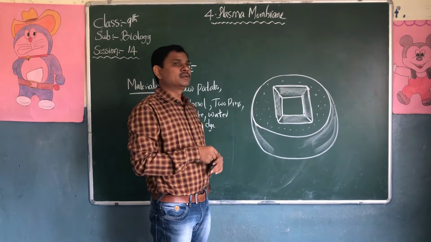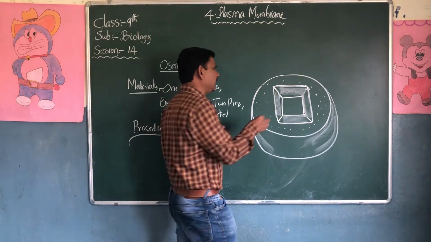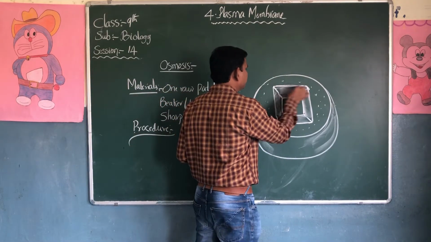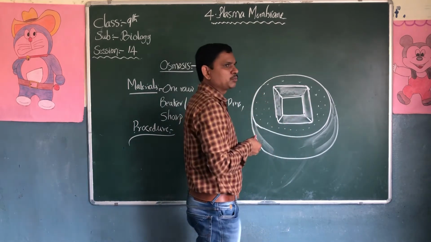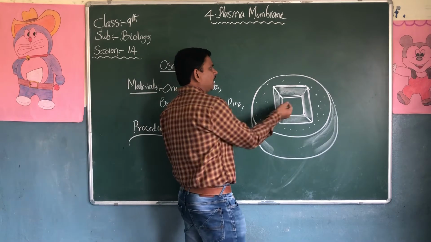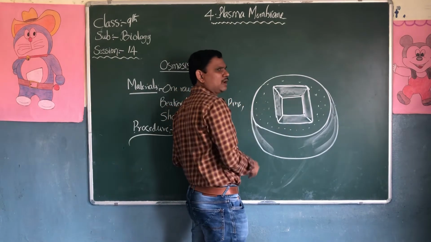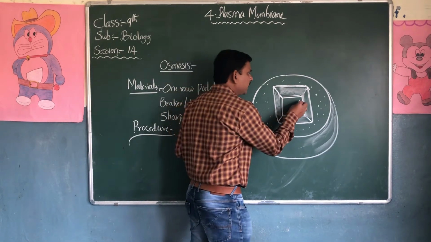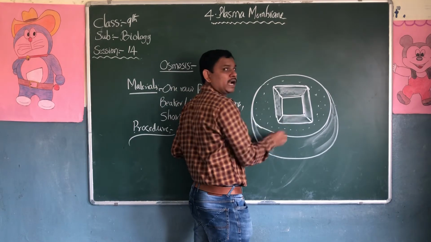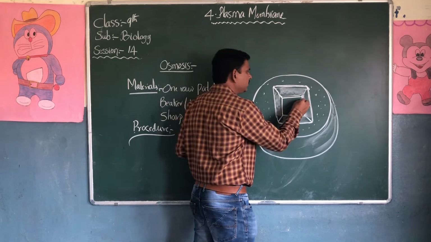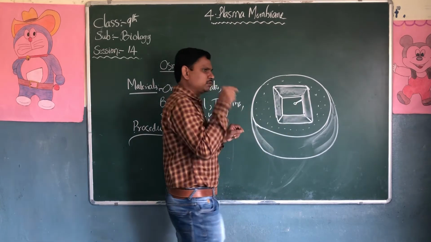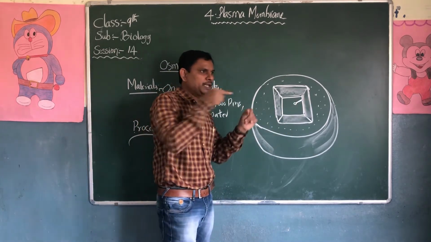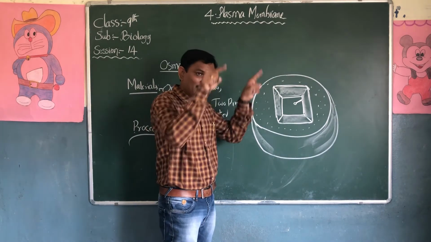Now take the saturated solution in the potato. Here we should not pour the saturated solution up to the corner. There should be a small gap. Where the gap is, for our identification, we insert a pin there, to mark where the water level is.